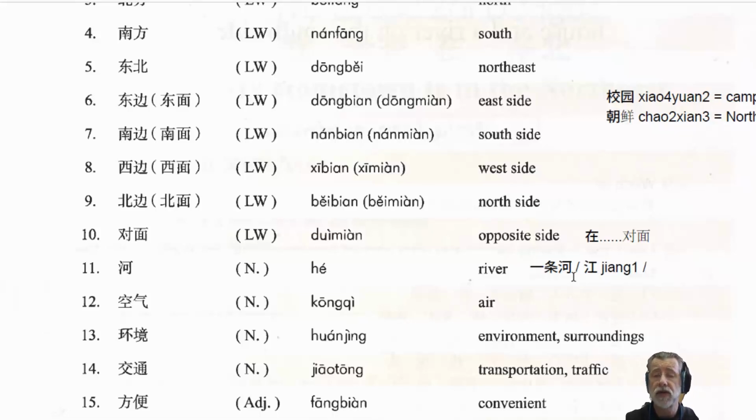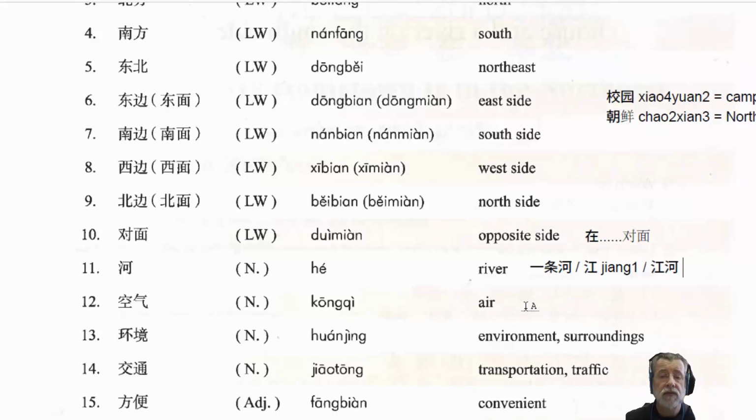And there is a combined word for river which is 江河. So when they're referring to rivers in general, you know, the rivers of China, 中国的江河, often they'll use the combined word. But for this lesson, we're just learning the word 河. In terms of the measure word 条, again, I think we've mentioned it in earlier lessons, things that are kind of long and thin. So I guess to some degree a river fits that.